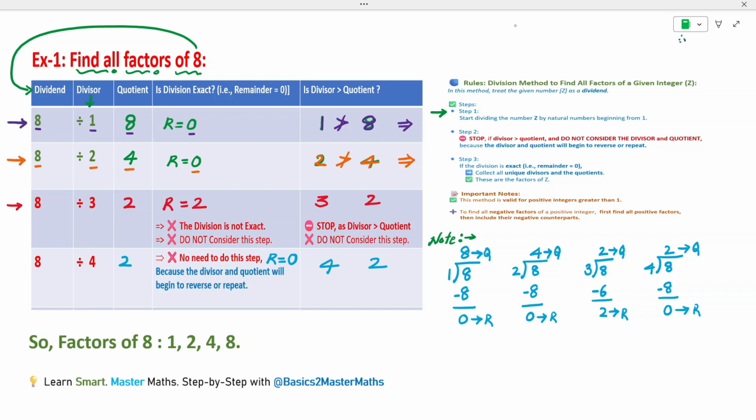Here, when we divide 8 by 3, we get 2 as the quotient and 2 as the remainder. In this case, the divisor is 3, which is greater than the quotient 2. So, stop here.